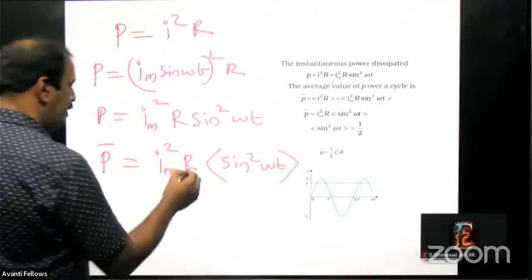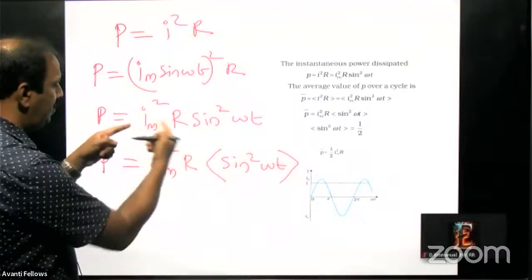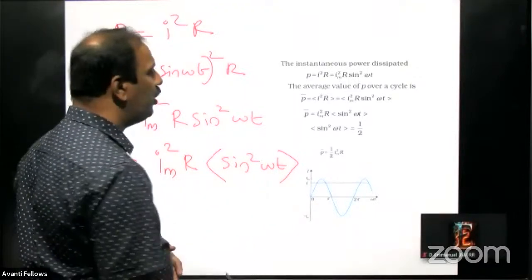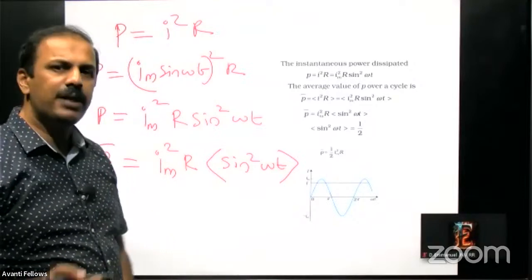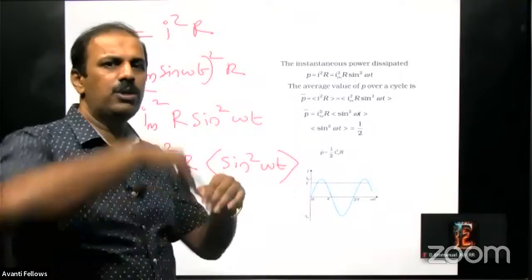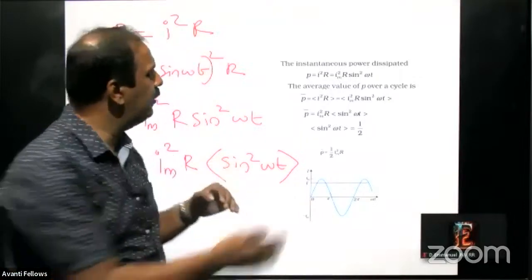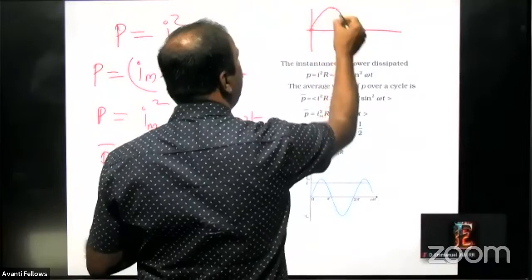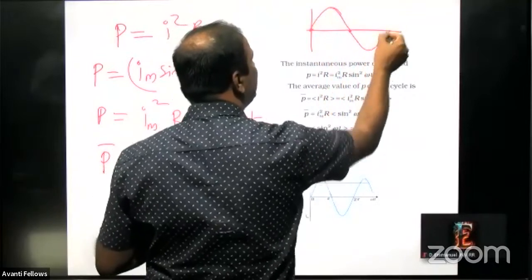This symbol is for average. So this Im square into R is a constant we are taking out. Then the average of sin square omega t. So what is the average of sin square omega t? You know the sin theta value, it starts from 0, goes to plus 1, comes back. This one starts from 0, goes to maximum, comes to 0, and goes to the minus side and comes here.